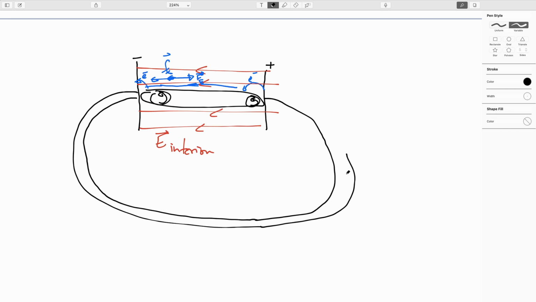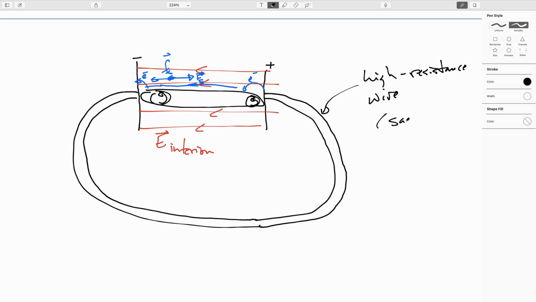Because if you use normal low resistance wire and directly connect to both ends of the battery, things can get real hot real fast, and no joke, you can actually start a fire doing this. So this is very much a do not try this at home kind of thing. So I'm going to label this as high resistance wire. Safety first.